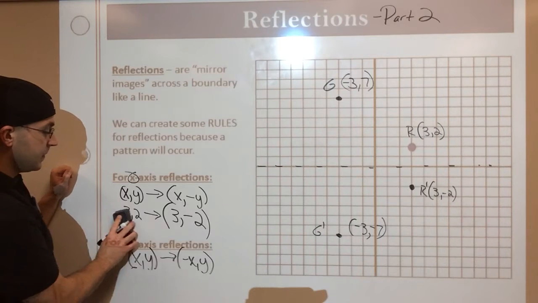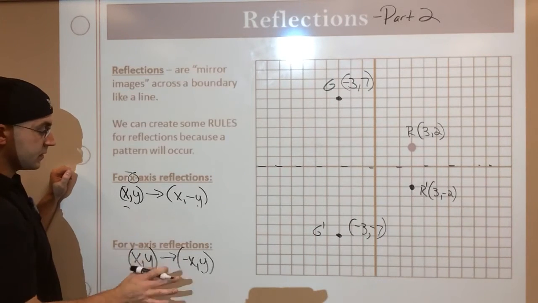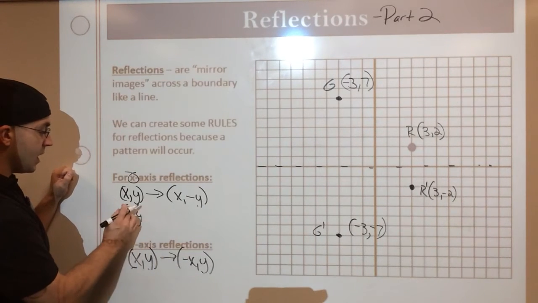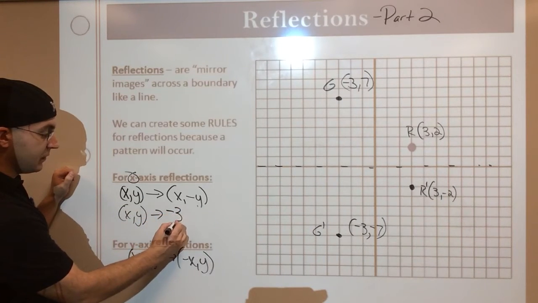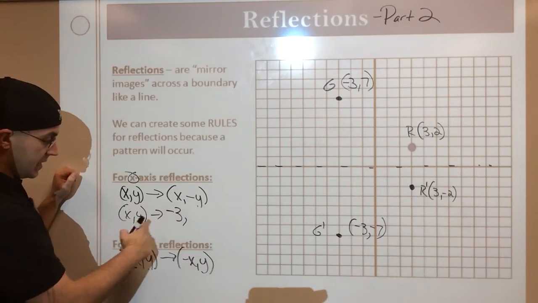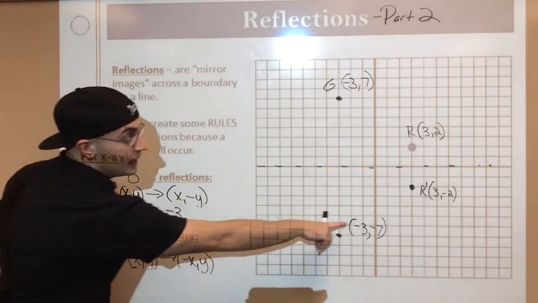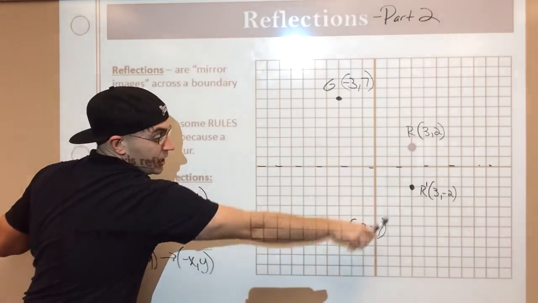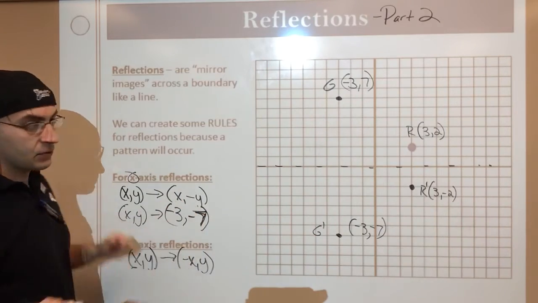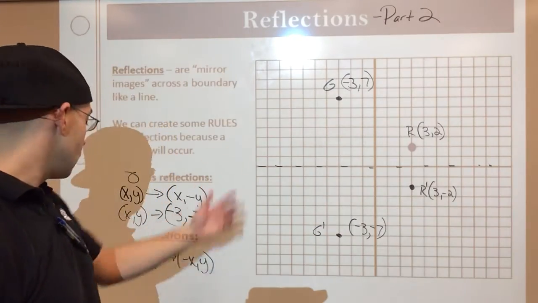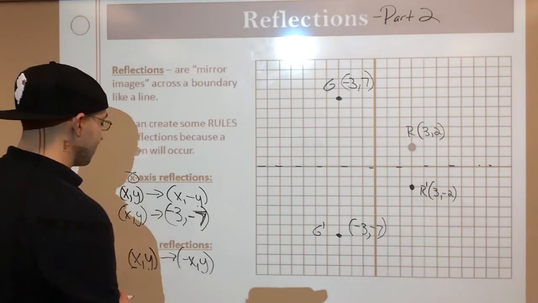So back up here. This is for the y-axis, don't worry about it. So this is (x, y). And that's going to become a -3 because that was a -3. And look, I made it a -y, and it is a -y. I just put the negative sign in front. So it is going to be (-3, 7). Okay? So that's true for x-axis reflections.